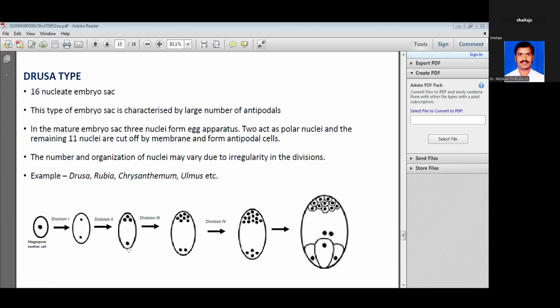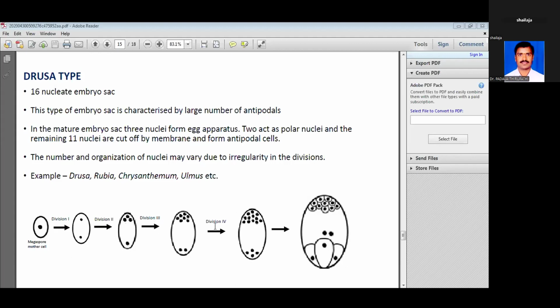This is the chalazal end. This is the micropylar end. So from this, the 4 nuclei undergo 2 successive mitotic divisions.